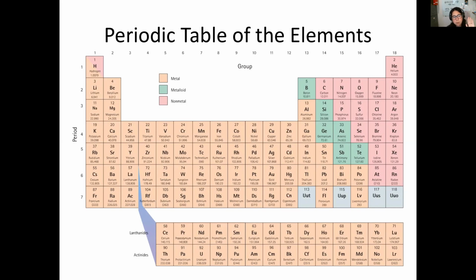As you move from lithium to neon, from left to right, the size decreases because of the increasing number of protons and electrons. So the size of the atom decreases.